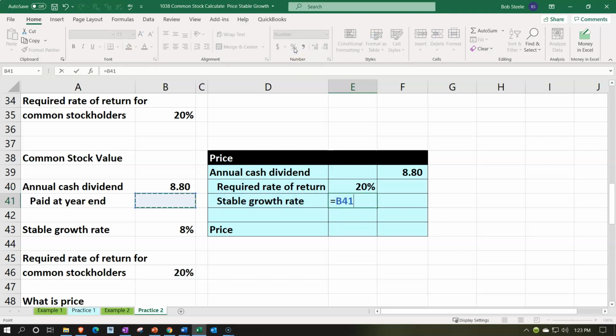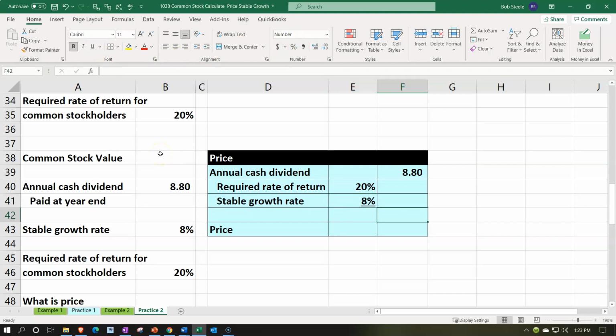Subtracting out then the 8% on the stable growth, making that a percent, font group, and underline. Subtracting this out, that's going to be the 20 minus the 8. Then we're going to make that a percent, numbers group, percent, font group, underline. Then taking the 880 divided by the 12%, adding a few decimals there, we get 73.33.